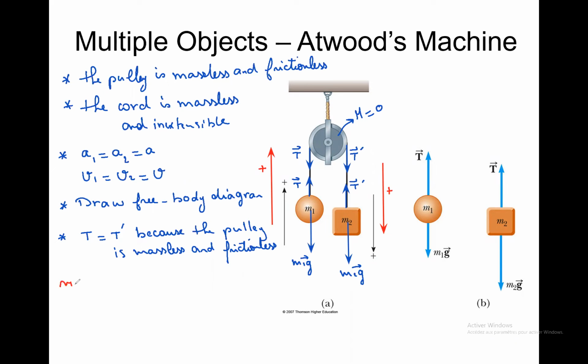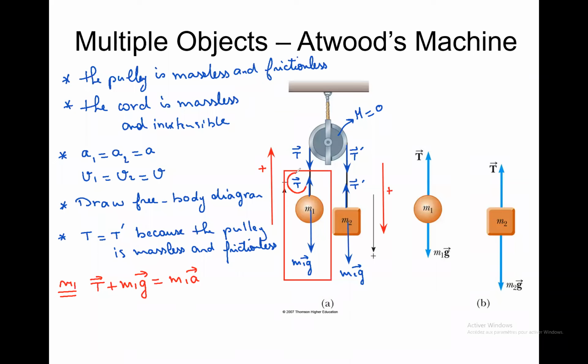In the case of M1, what we have here, summation of F, we have T plus M1g equal to M1a. Okay, we can add i and j. You see here, I am studying these values for M1.